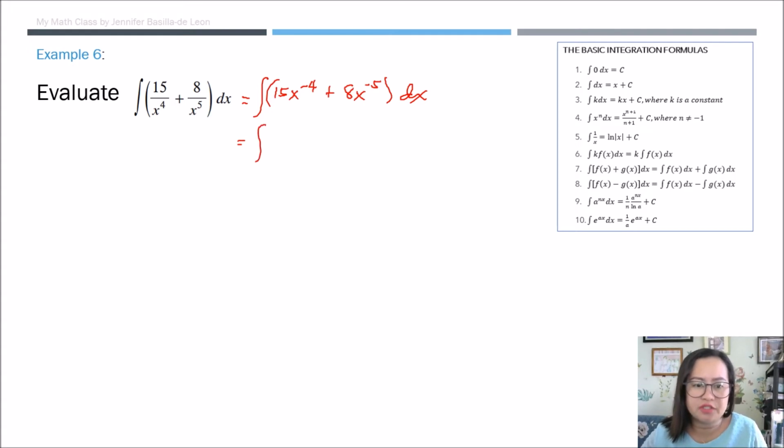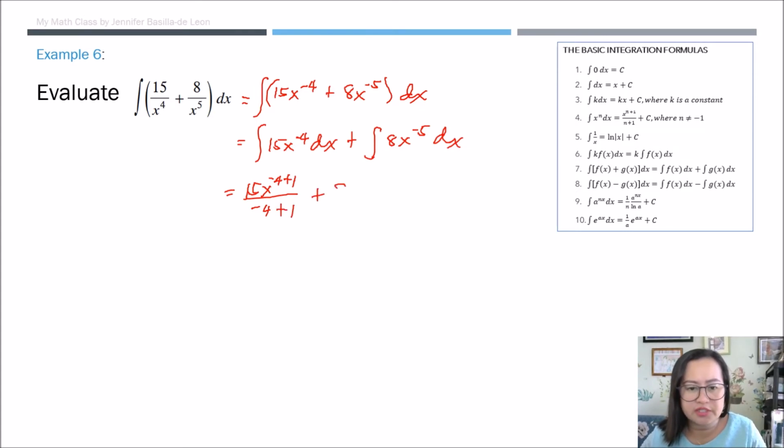We will have the antiderivative of 15x raised to negative 4 dx plus the antiderivative of 8x raised to negative 5 dx. And then for applying rule number 4, we will have 15x raised to negative 4 plus 1 over negative 4 plus 1 plus 8x raised to negative 5 plus 1 over negative 5 plus 1 plus the arbitrary constant c.